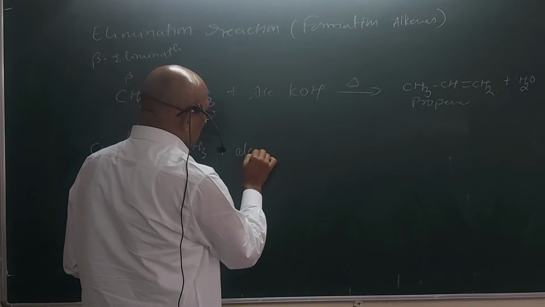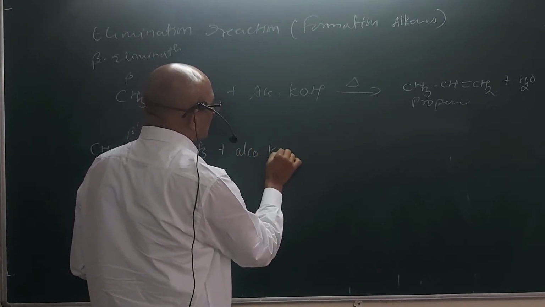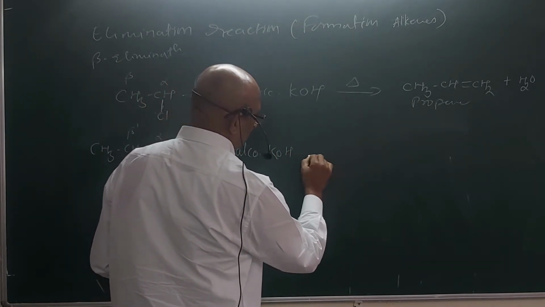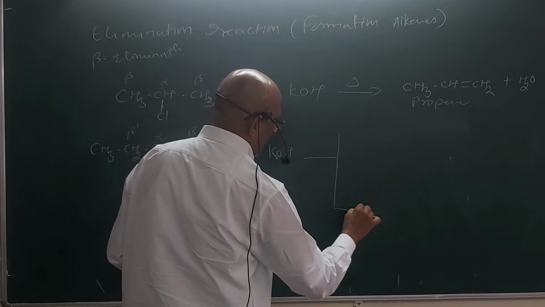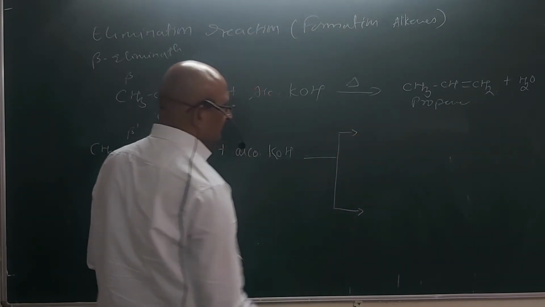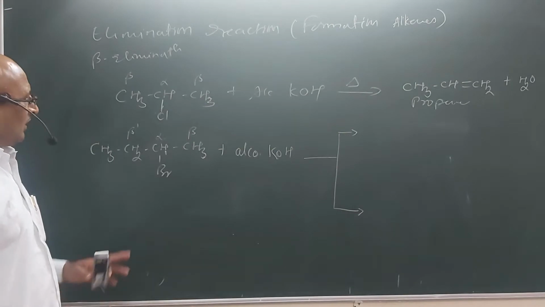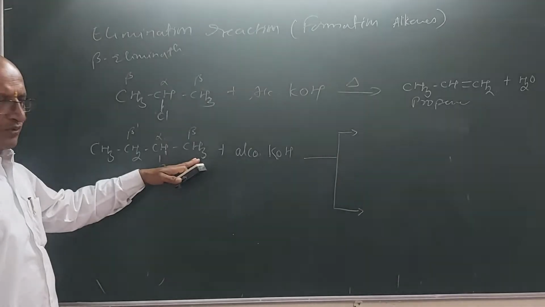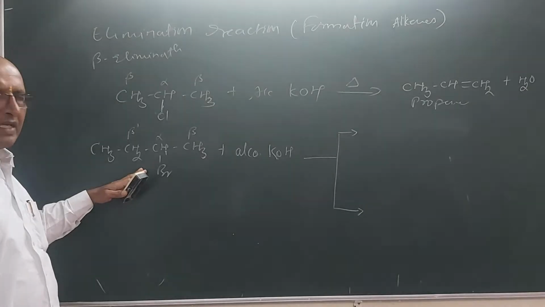And so when this molecule is treated with alcoholic KOH, it tends to give two different types of products: one by eliminating beta hydrogen and one by eliminating beta dash hydrogen.